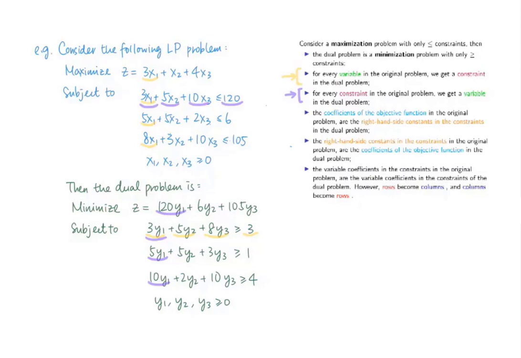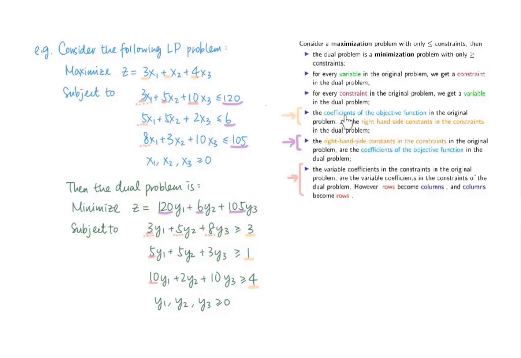And you can double-check that the second constraint in the original problem gives us information on the terms involving y2 in the dual problem, and the third constraint in the original problem gives us information on the terms involving y3 in the dual problem.